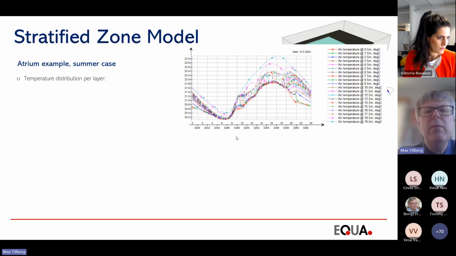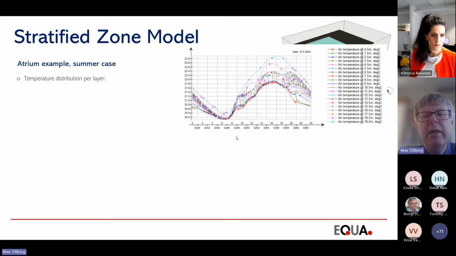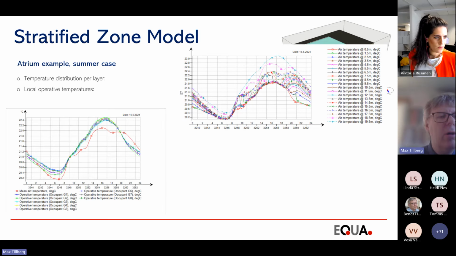And here we see it's still not that interesting because it's a very good room. We have good efficient shadings, but here we see that the air temperature is varying a few degrees in height. We also can look at the operative temperature.